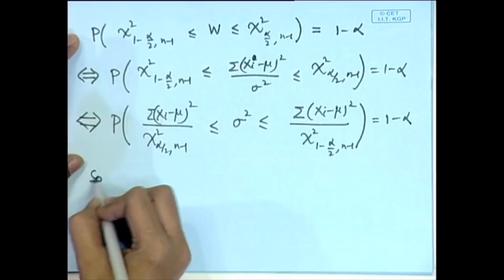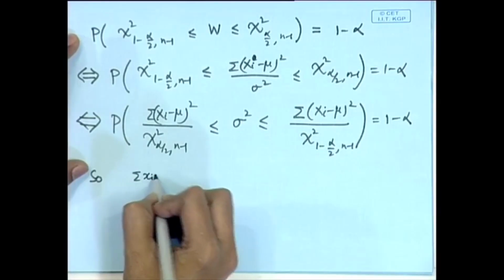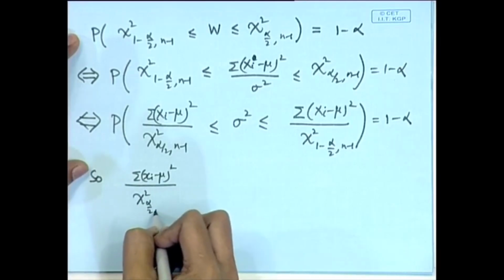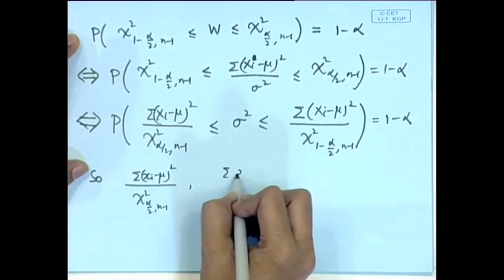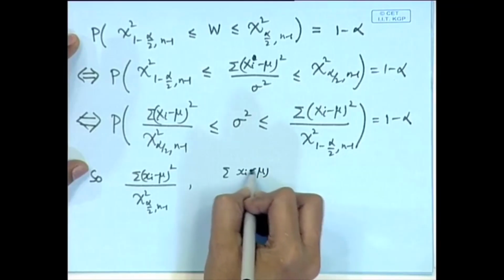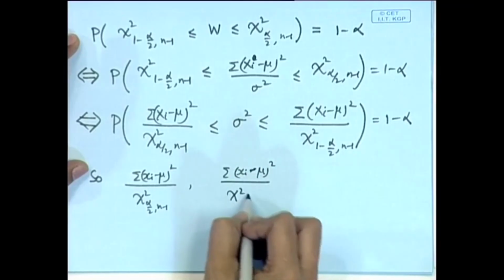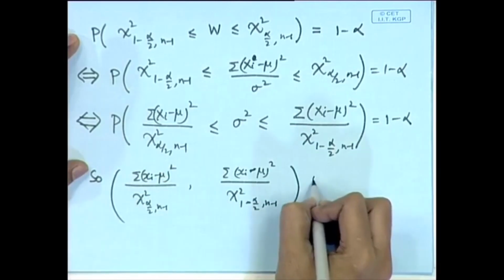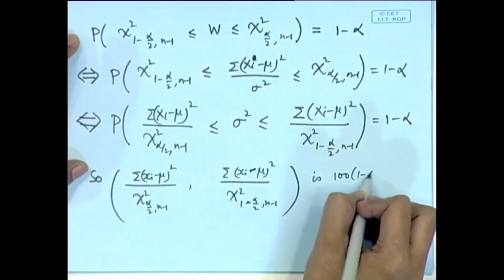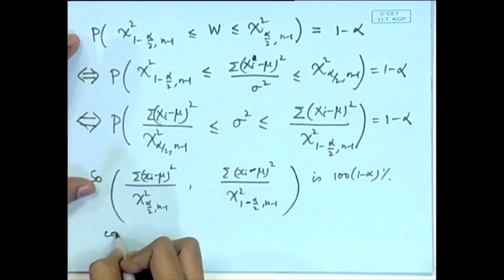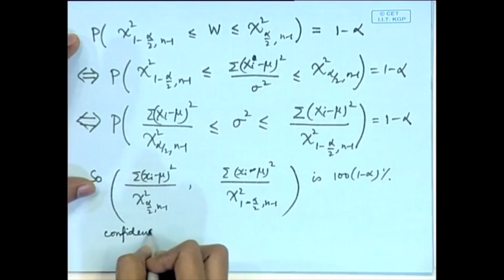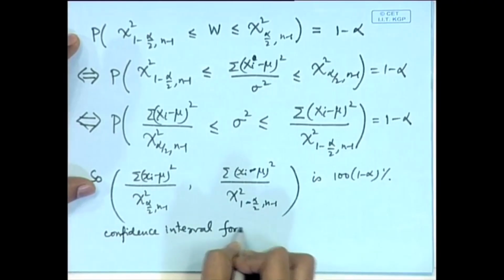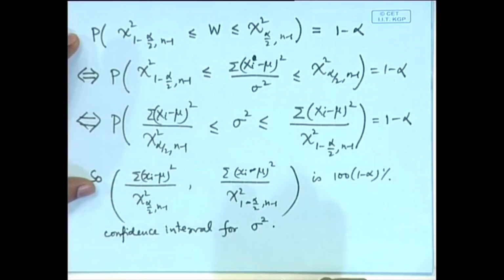So the interval from the sum of (x_i minus mu) square divided by chi square alpha by 2, n minus 1 to the sum of (x_i minus mu) square divided by chi square 1 minus alpha by 2, n minus 1 is a 1 minus alpha confidence interval for sigma square.